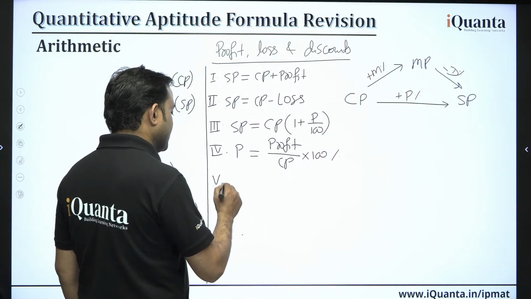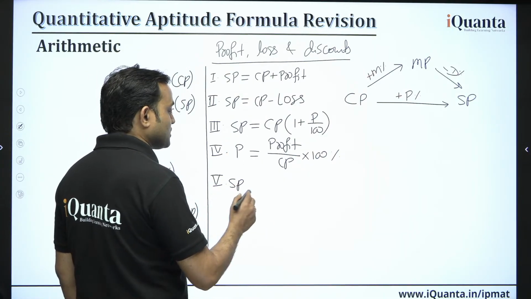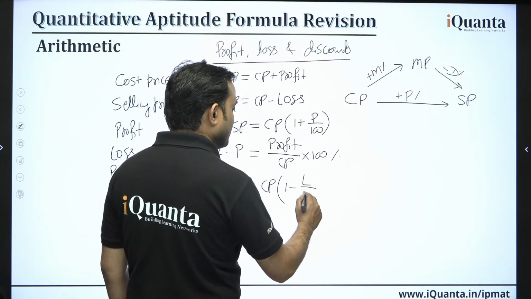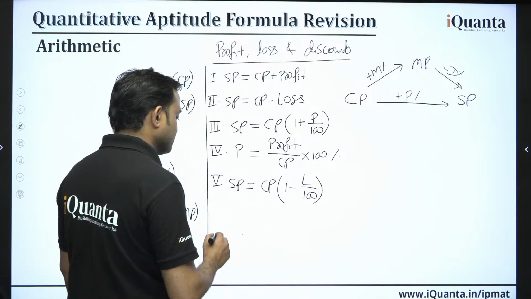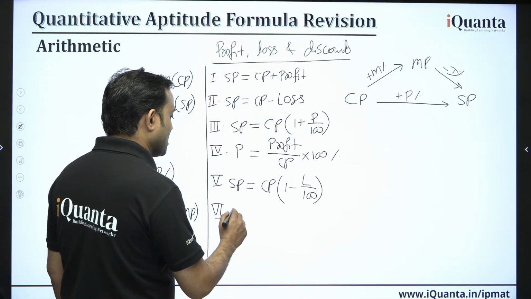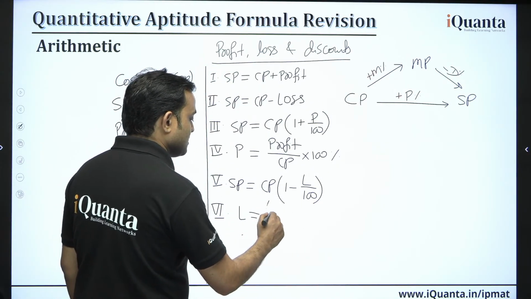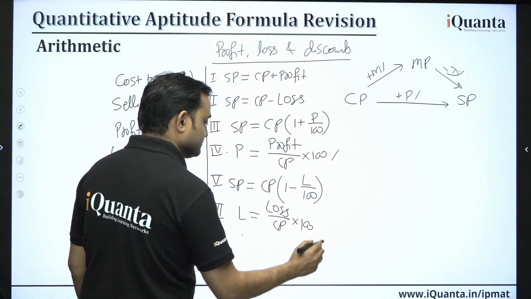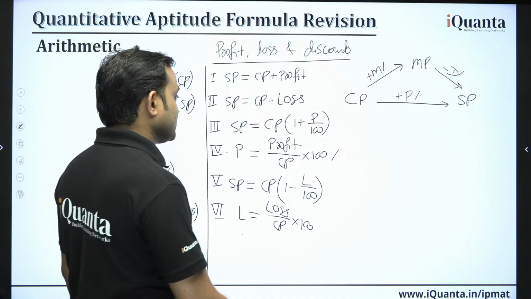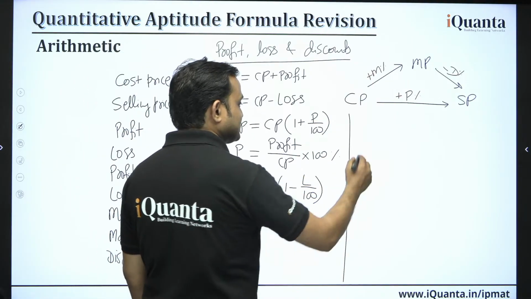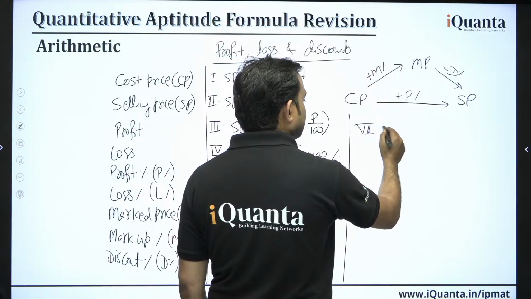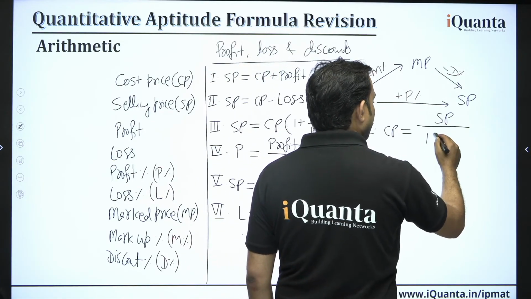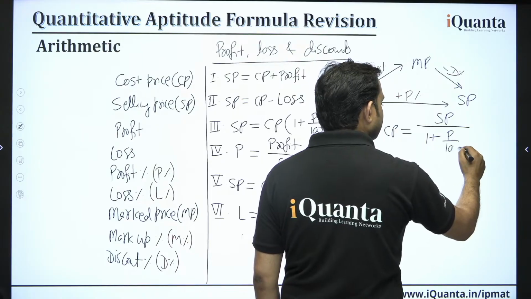And then again we can find selling price if loss percentage is given, which is cost price into 1 minus L upon 100. What is L here? How do we calculate L? L is loss upon cost price into 100. Now using this, we can find cost price when selling price is given, like cost price is equal to selling price divided by 1 plus P by 100.